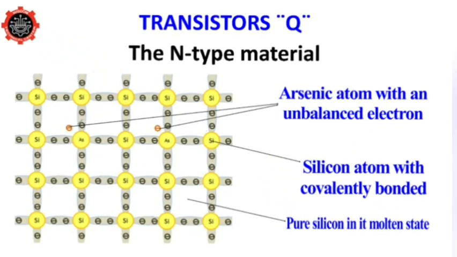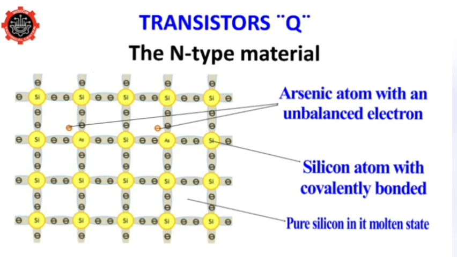So what we see here is pure silicon in a molten state, and we're going to add a pinch of arsenic to our silicon, and then we will grow them into a crystalline structure, no longer pure, but now we have a dopant, arsenic, introduced into it.